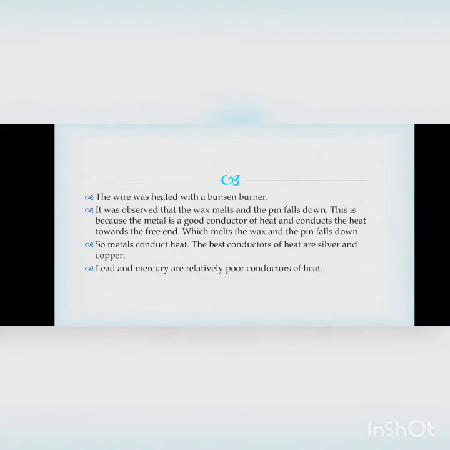The wire was then heated with the flame of a Bunsen burner, and it was observed that after some time the wax melts and the pin falls down. This is because the metal is a good conductor of heat and conducts the heat towards the free end. This makes the wax melt and the pin falls down.